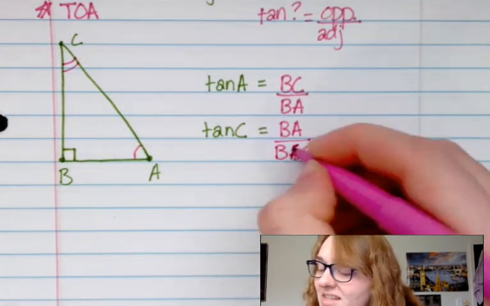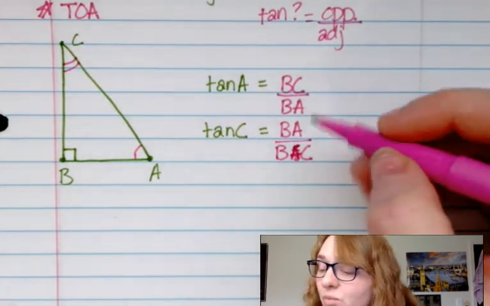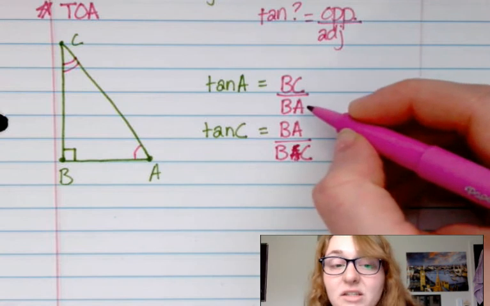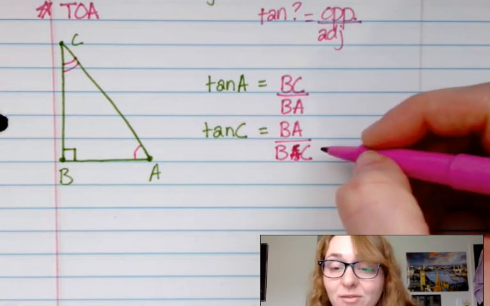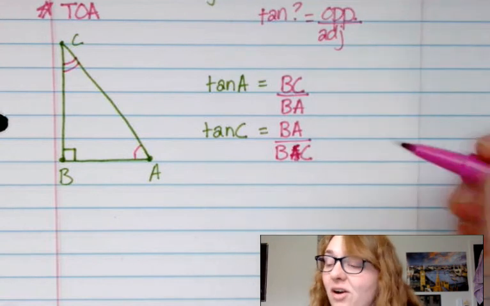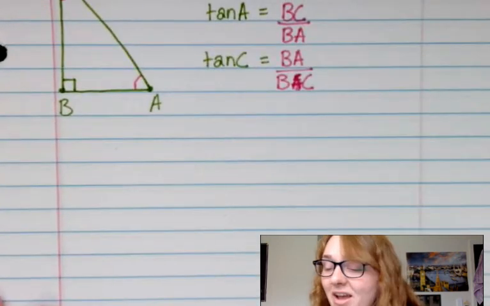I wrote that wrong, BC. And if we take a peek here, we can realize that tangent of A, BC over BA, is the reciprocal, or the flipped fraction, of our tangent of C, BA over BC. So that could come in handy for a little shortcut in a minute here.